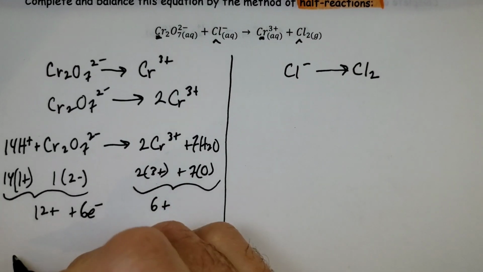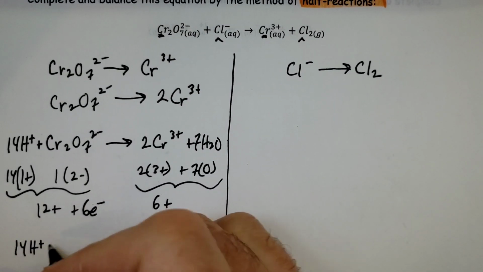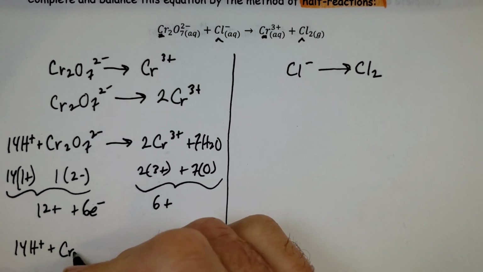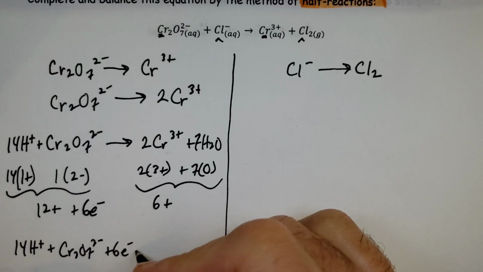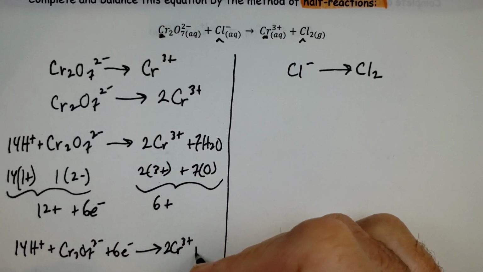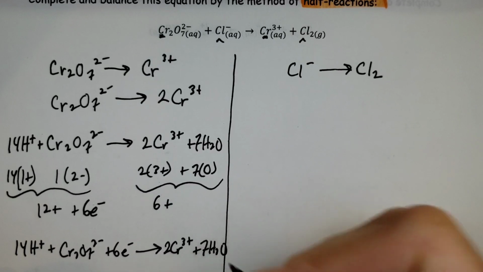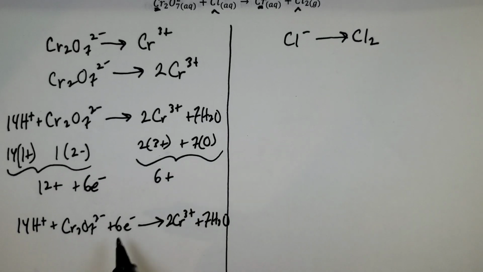So how this would appear then, I would have 14 H pluses plus Cr2O7 2 negative, plus 6 electrons to give me 2 Cr3 plus 7 H2O. There we go. So that half reaction is balanced. And then we can see that was the reduction. It got reduced because I had to add electrons there.